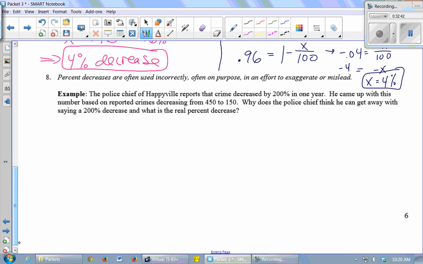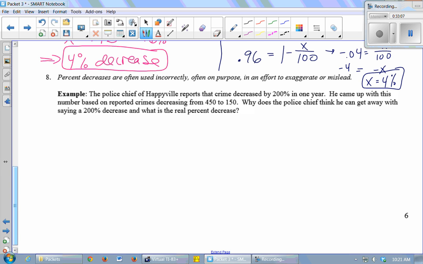Okay, so percent decreases are often used incorrectly. If you read the paper and look at statistics, you will find this mistake made all the time. Sometimes it's just people don't know how to use percentages, but sometimes it's used on purpose in an effort to exaggerate or mislead. So here's an example.